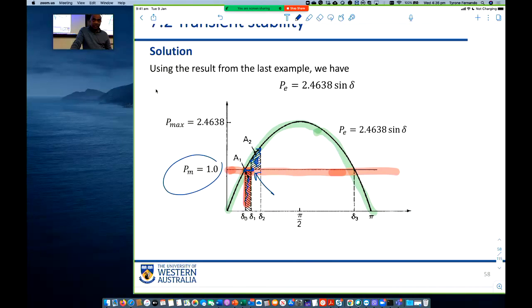It will decelerate, and then it will be pulled back to the original operating point. So it will come back, it will shoot past, it will oscillate and settle at the original point. Because it will decelerate and come back to that point.